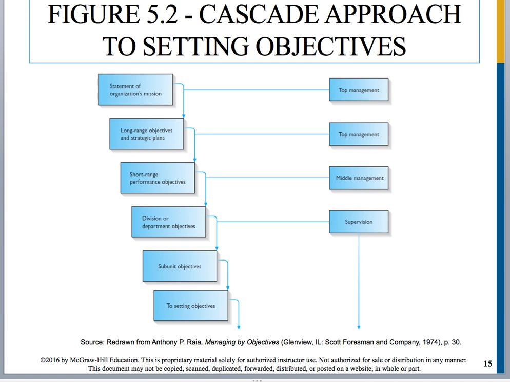Your middle managers come in and work with top management to then set some short-range performance objectives, and then bringing in the supervisors, which are your frontline managers. You're then breaking things down by division or department to focus on objectives for those areas, and then coming up with objectives for your subunits, and then of course setting those objectives into play.